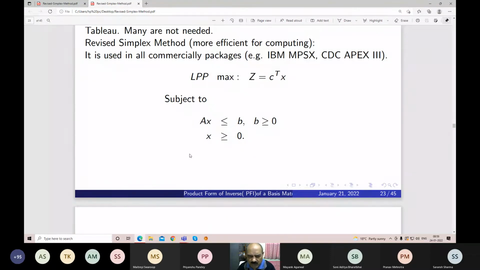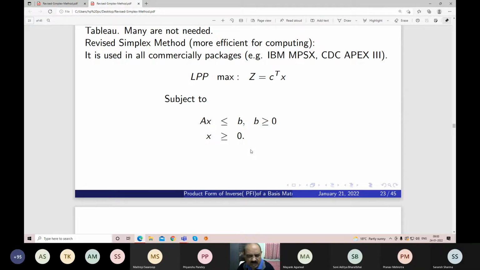This linear programming problem has small n number of variables and small m number of constraints. If you are adding slack variables, there will be m number of slack variables.